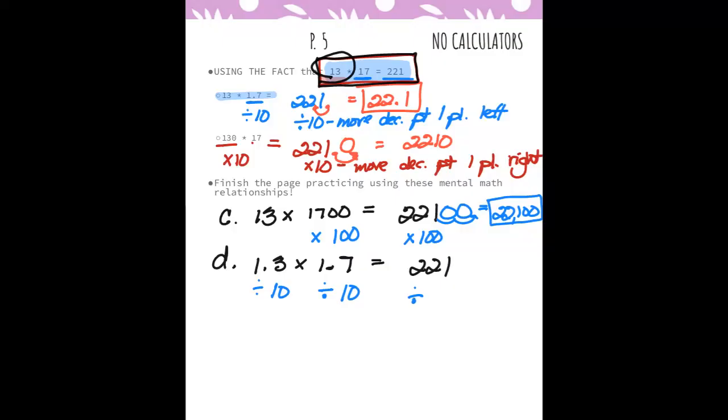If you divide by 10 and then you divide that second thing by 10, then you are dividing by 100. So if I move it 2 places to the left, I get 2.21. Okay? 2.21.